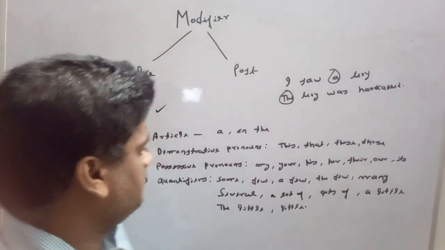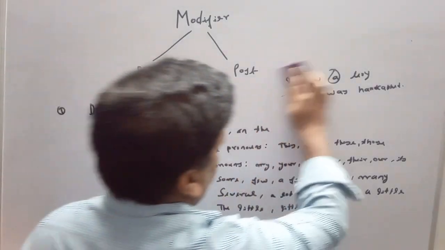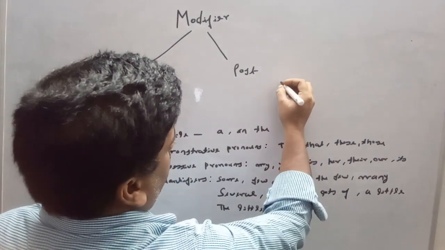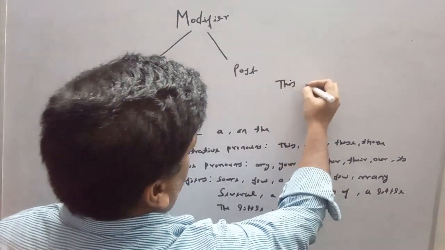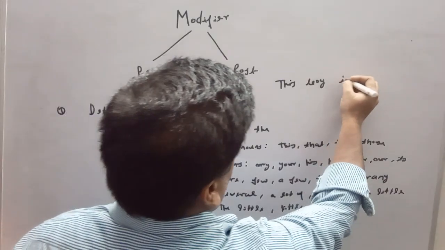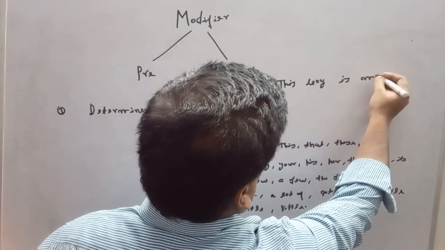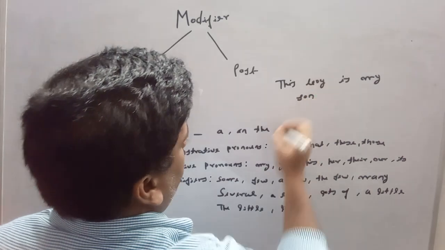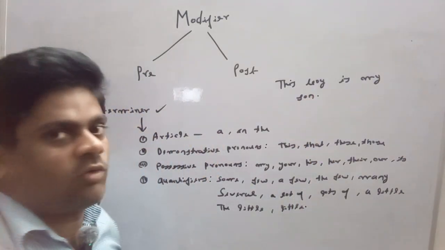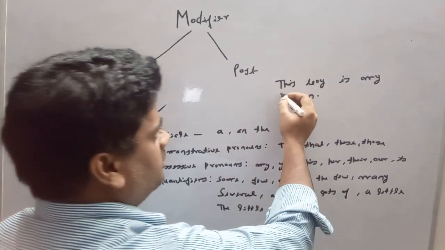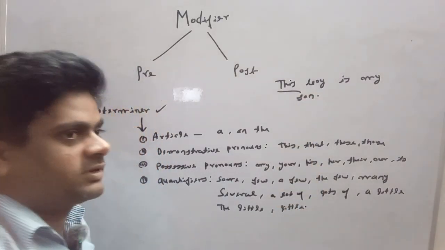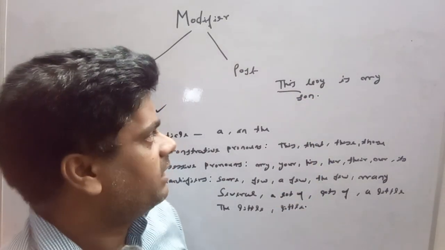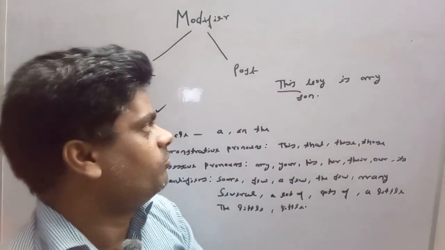If I say, this boy is my son, here this is working as a determiner or as a modifier, pre-modifier, and it is modifying boy.